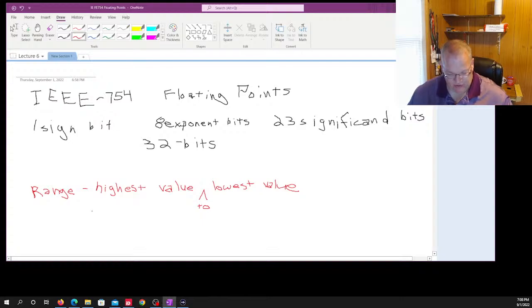So then the range is 2 to the, well, right, because it's 2. So the 8th bit would be 256. So 2 to the 256. Oh, is that right? Yeah, 256.